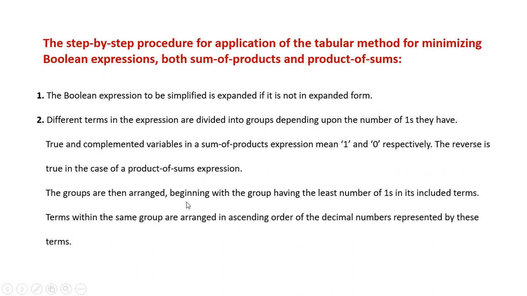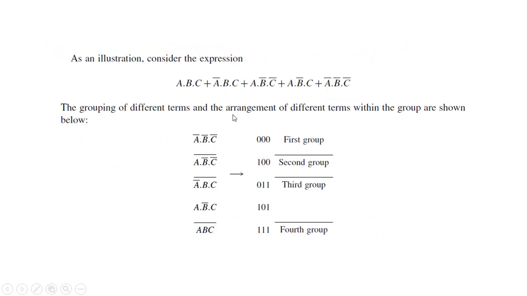Then these groups are arranged beginning with the group having the least number of ones, and within the group you represent minterms in ascending order. So you can see here, this is the SOP function. You will arrange them firstly in ascending order of number of ones, so it has 0, then 1, then 2, 3 and so on.